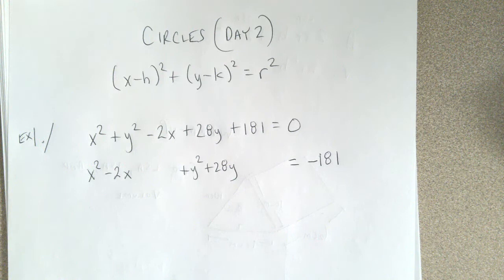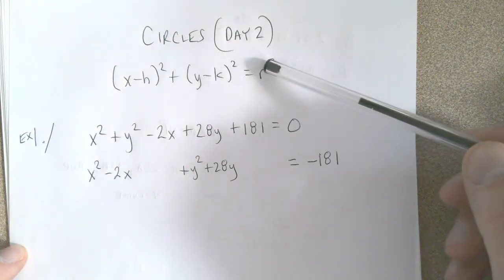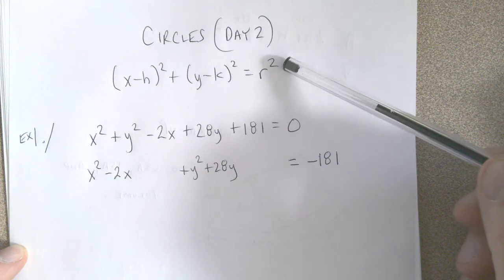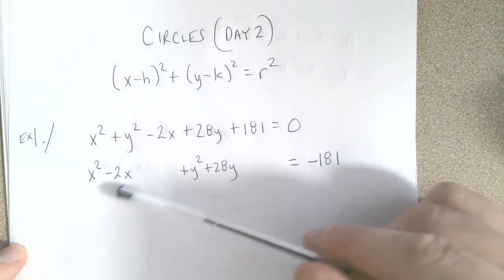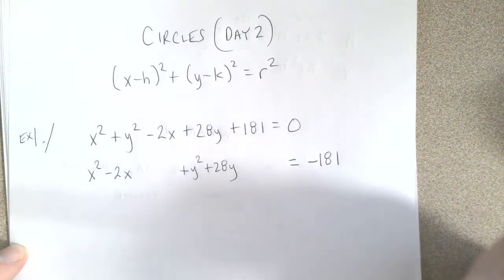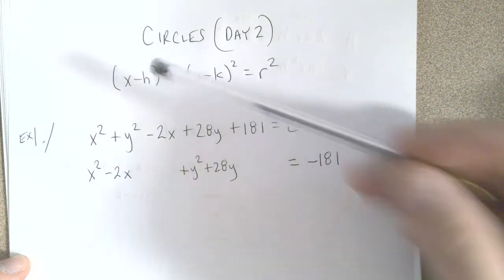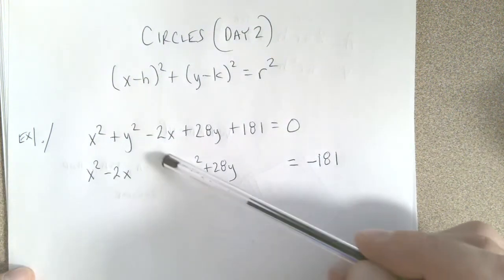Now, from this point, again, remember what we're trying to do. We're trying to get this equation to look like this so that we can determine the center and we can determine the radius. So if I'm going to take this x squared minus 2x and make it look like this, I'm going to try and make this a perfect square trinomial.